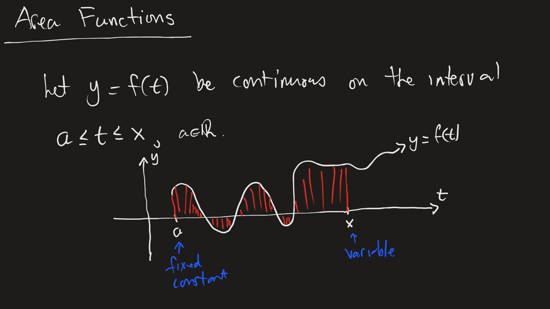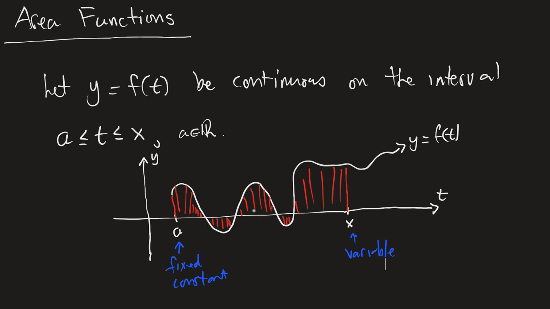So essentially the reason why we call it a function is because if I allow the upper limit to be a variable, I can slide it this way, I can slide it this way, and then the red region that I have shown here will change, right? Like if x is down here, then it would represent this area. If x is over here, it will represent this net area, right?